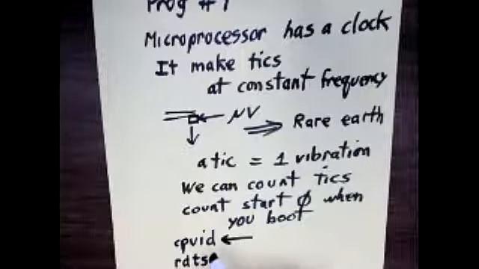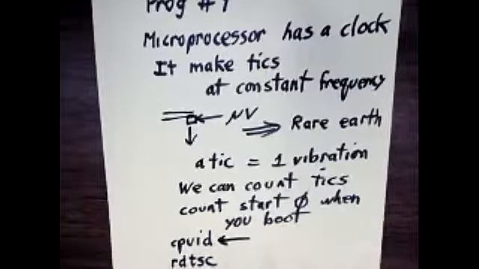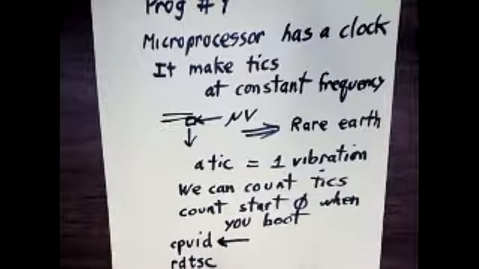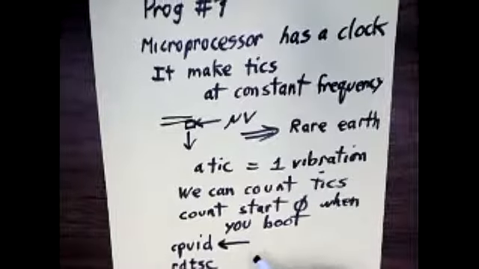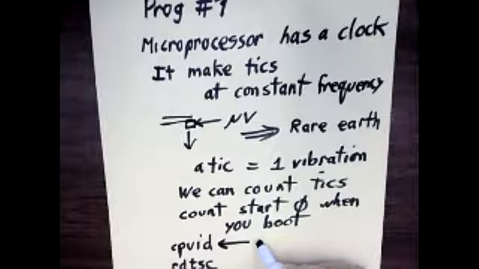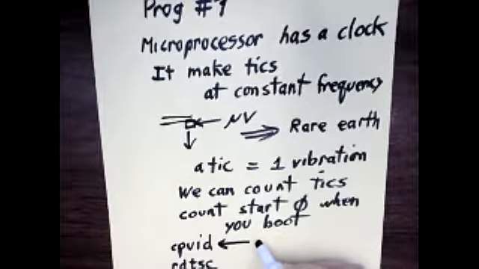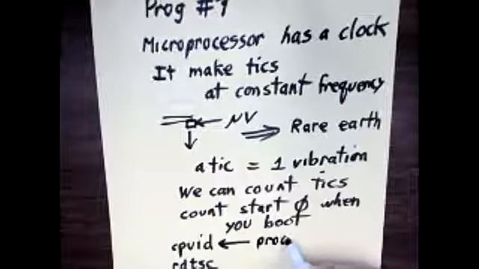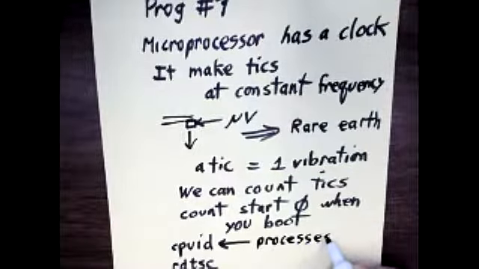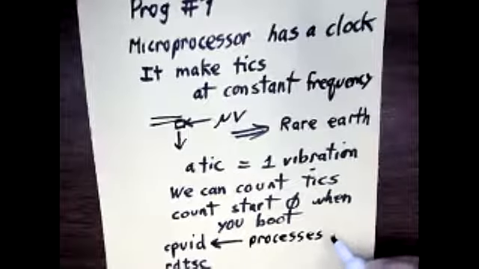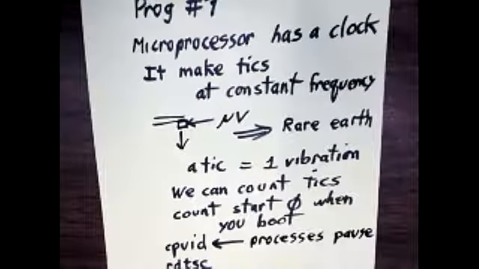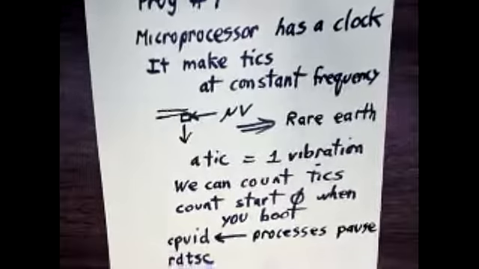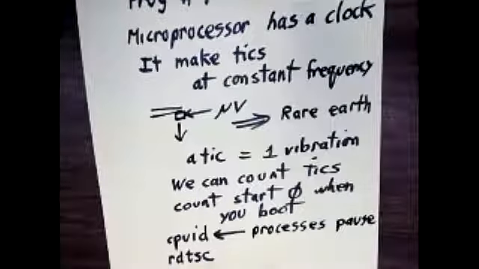CPUID makes them all pause for the duration of one tick, and then they resume immediately thereafter. It's not stop, it's pause. What it does is let the next instruction read the clock at an instant when everybody's paused.